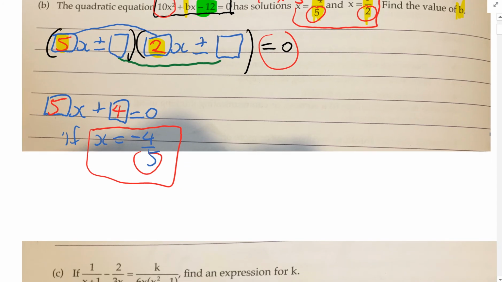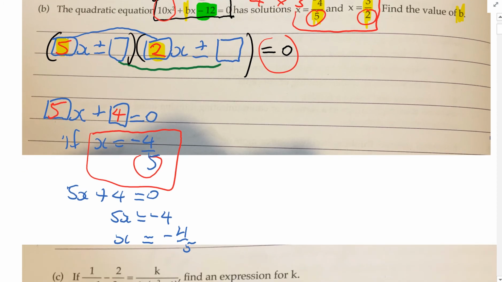Let's try it. 5x plus 4 equals 0. Subtracting 4 off both sides, 5x equals negative 4. Dividing both sides by 5, sure enough, we get x equals negative 4/5. So that works for that first solution.